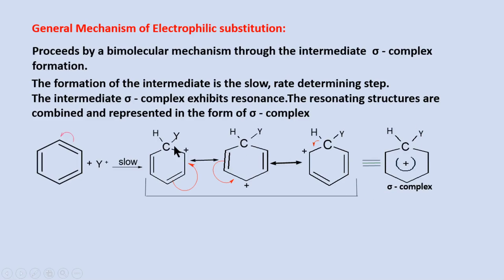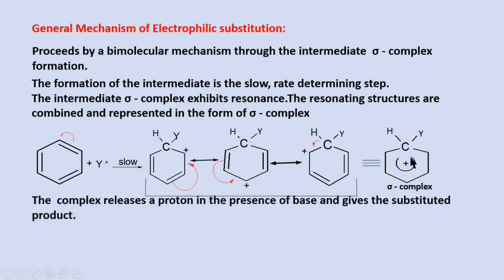Here the positive charge at each carbon atom is represented at the center, and the pi bond, since it is distributed throughout, is a delocalized pi electron that is represented like this. So all these three are equivalent to the sigma complex. And in the next step, the hydrogen is removed as a proton.